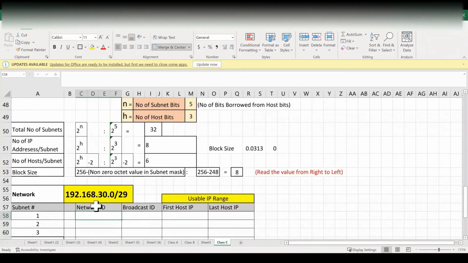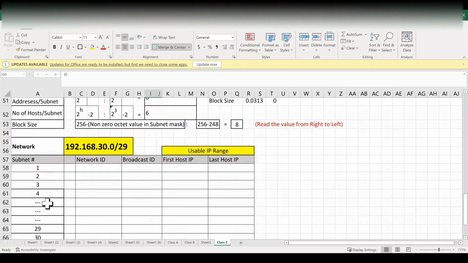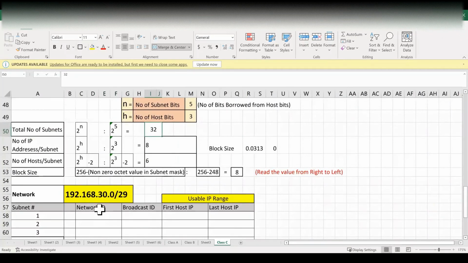Next, we are going to find the network ID and broadcast ID for every subnet. The total number of subnets is 32. In the table, I have already written all 32 subnets. Now we have to find the network ID. The network ID is the first IP address of every subnet. For the first subnet, the network ID is our network number, 192.168.30.0.